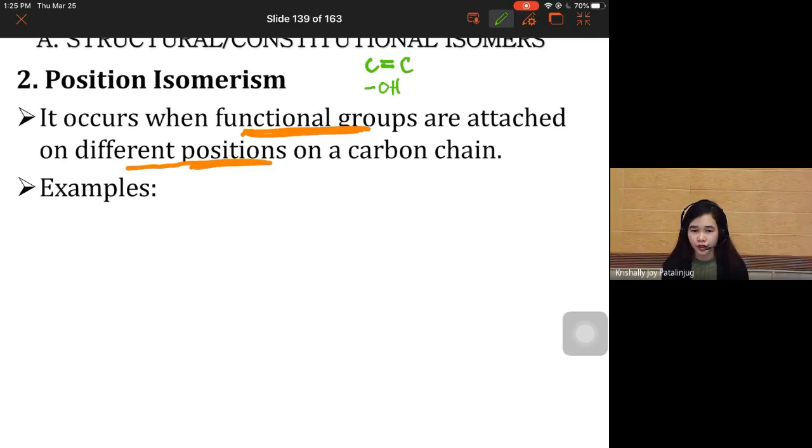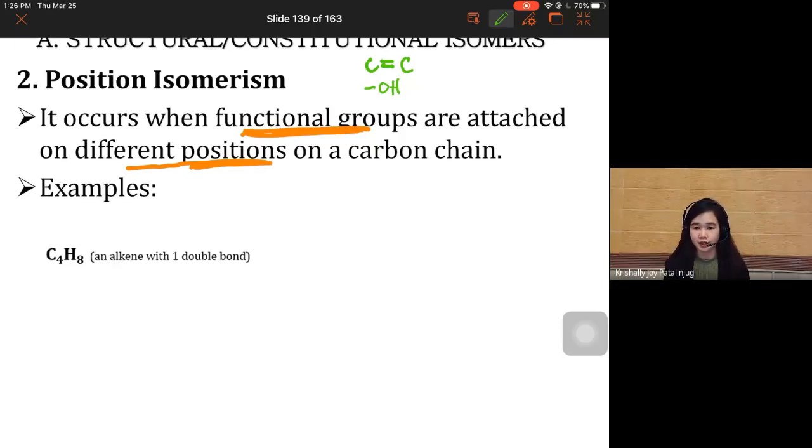And the rest of the functional groups. So when you look at the structures, they differ only in the position of the double bond. That is position isomerism.